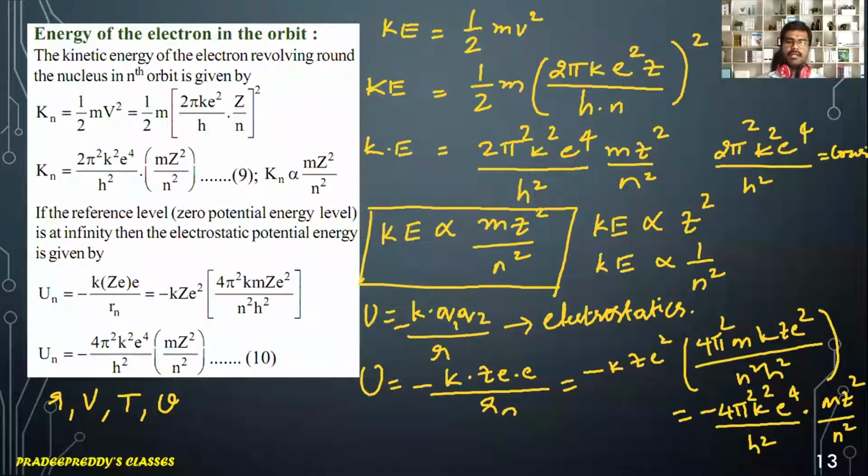Clearly, kinetic energy and potential energy are both directly proportional to the square of the atomic number and inversely proportional to the square of the principal quantum number. We have the equations for kinetic energy and potential energy. For total energy, you will just add these two equations.